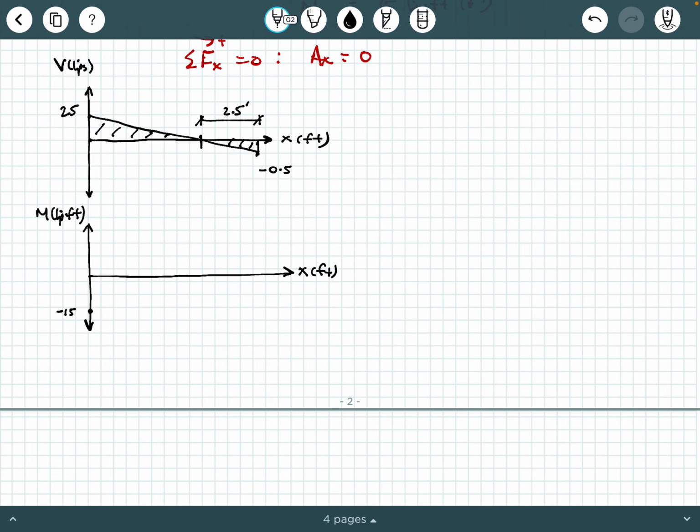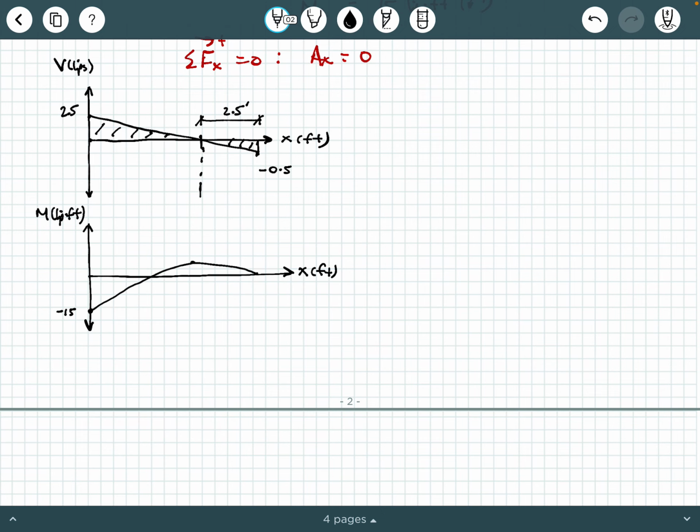And so my moment diagram is going to look a lot like this. Draw that a little bit better for us. Oh, that's not very good either. There we go.